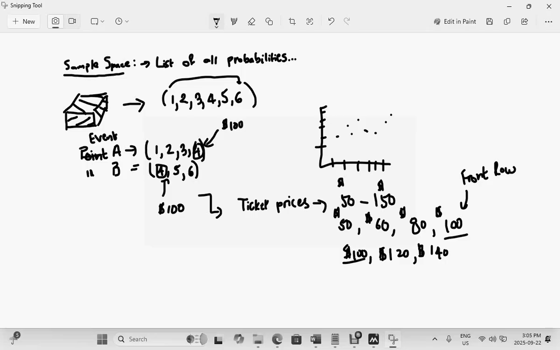You're going to say the ticket prices range from 50 to 150, and you're going to say $50 for the back row, because it's farthest from the front stage, as a result of which you can't really see much. For that reason, the ticket prices are low. As you move forward and get closer to the front stage, you will have $100 for the middle row, for example, or you can say $100 for the front row.